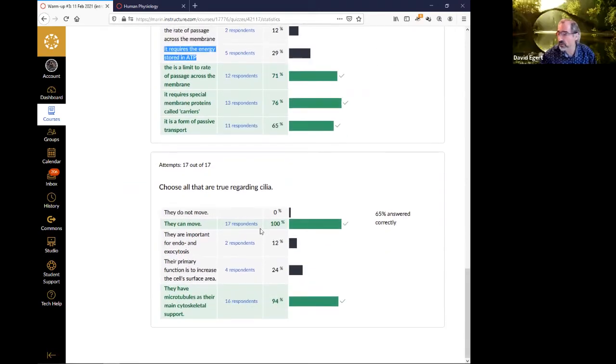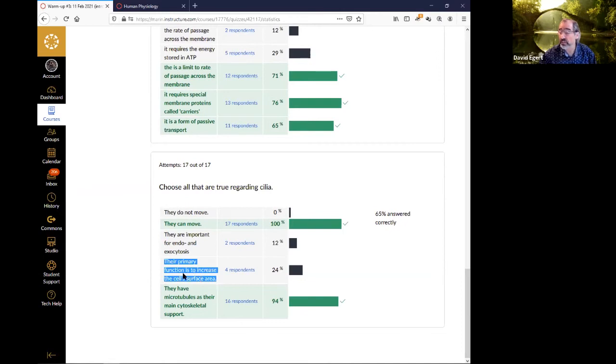Choose all that are true regarding cilia. So they can move things. The people who answered got that. They are definitely not important for endo and exocytosis. The particular membrane protein we talked about that's important for that was clathrin and the clathrin coated pits. The primary function is not to increase area.